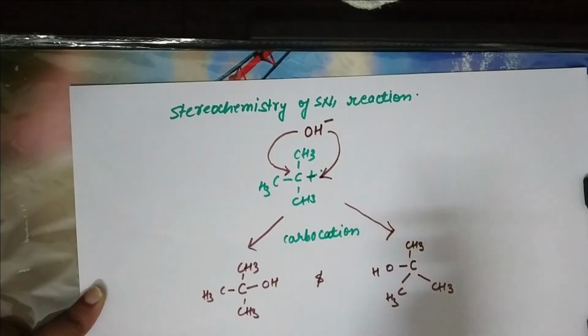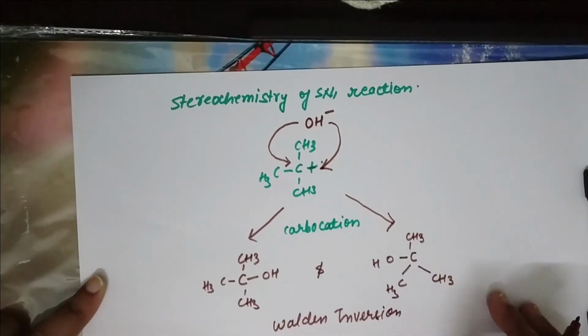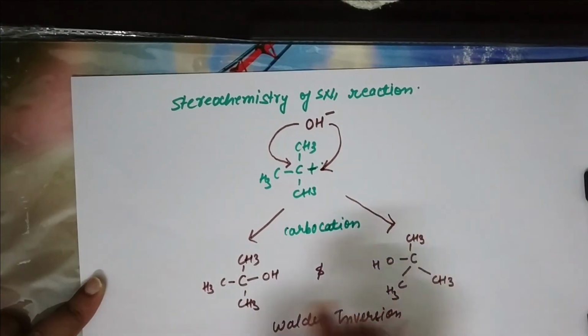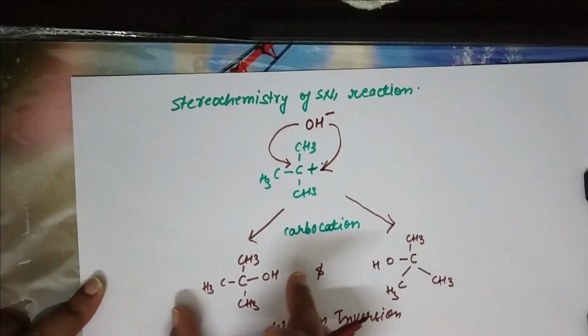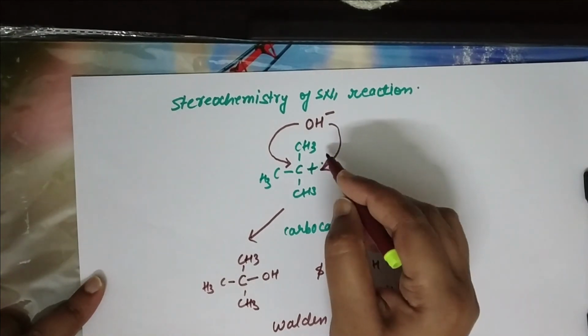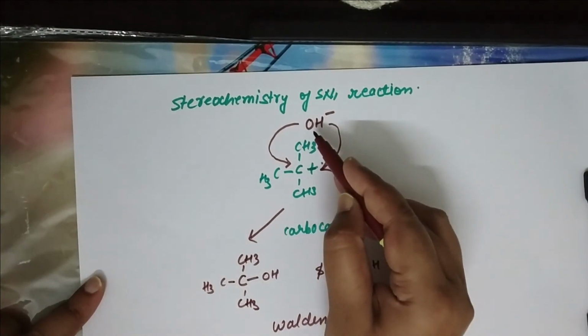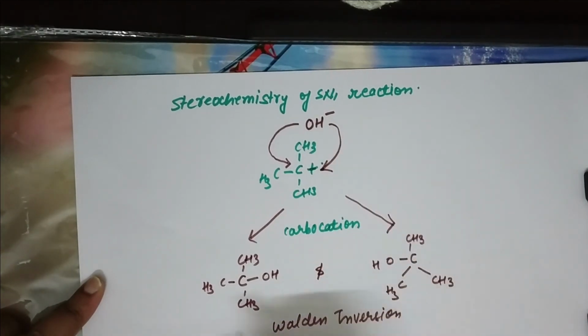This term is known as Walden inversion, meaning the configuration will be reversed. Whatever product we expect, where simply the place of bromine is replaced by the hydroxy ion, instead we got a mixture of two isomers.